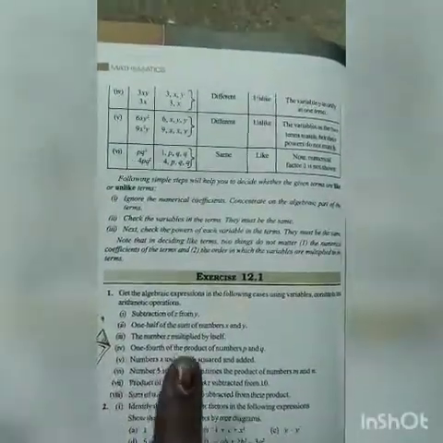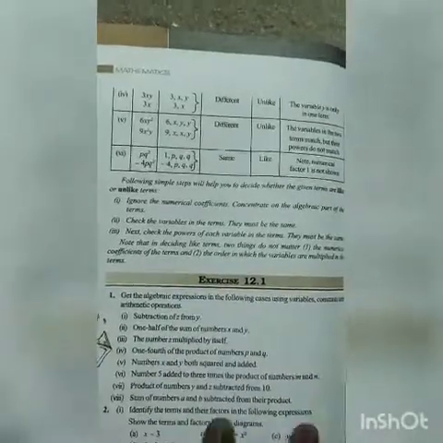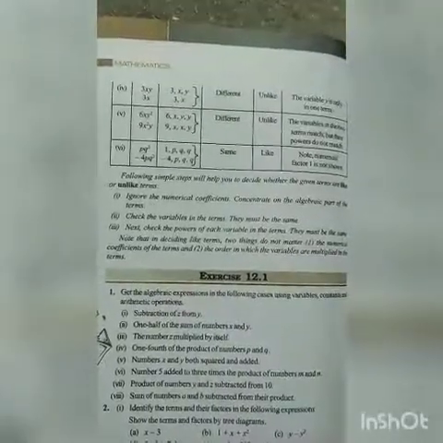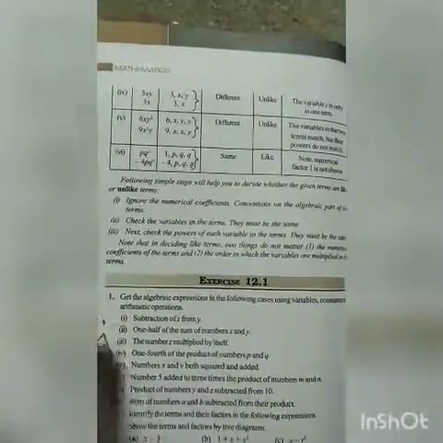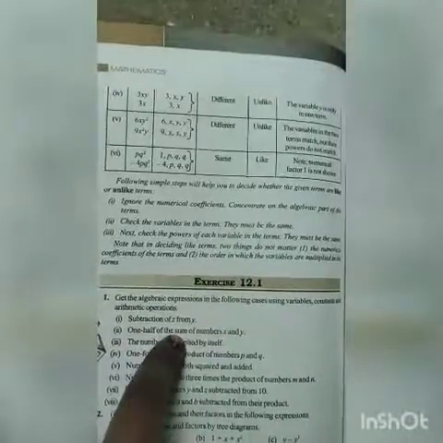Here also they have given the same thing. If you have a doubt, I will clarify it in class time. Okay. The next thing, in exercise 12.1, for this you need to know how to pronounce it. You need to know English grammar. Everything is important here. See the first one, how we are going to write the algebraic expressions here. Subtraction of z from y, that is from y, so y minus z.